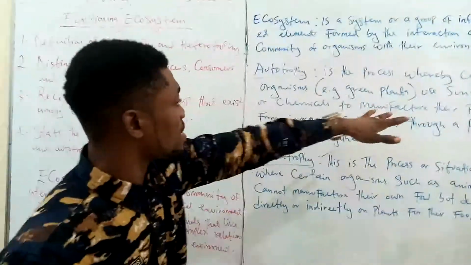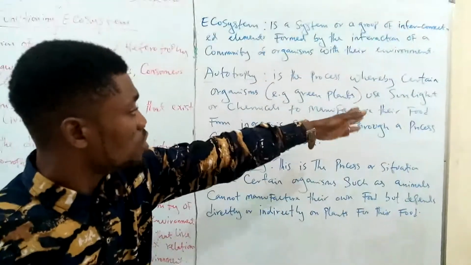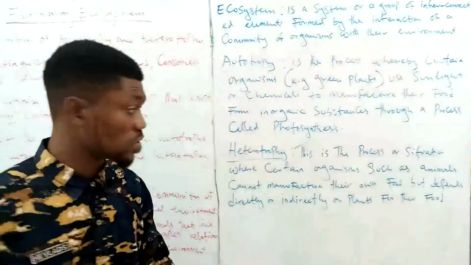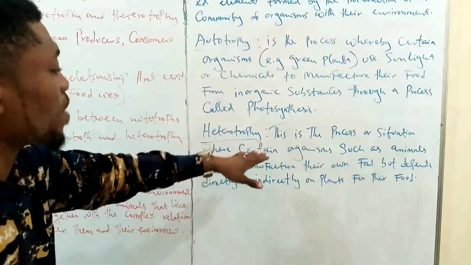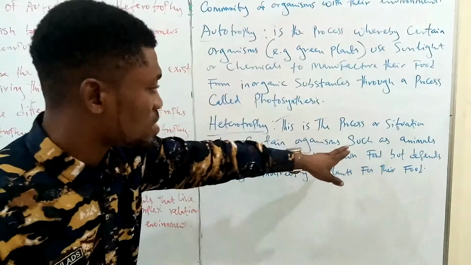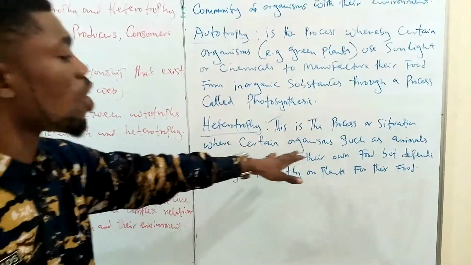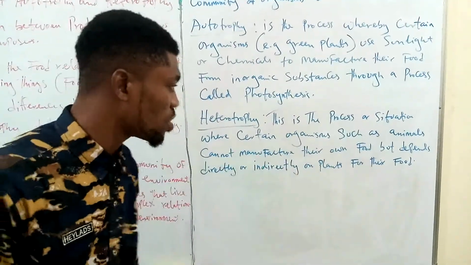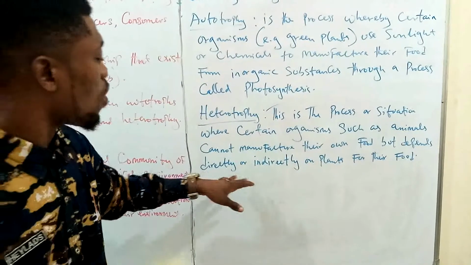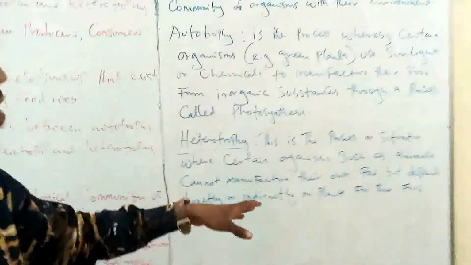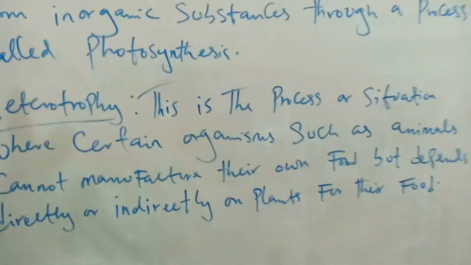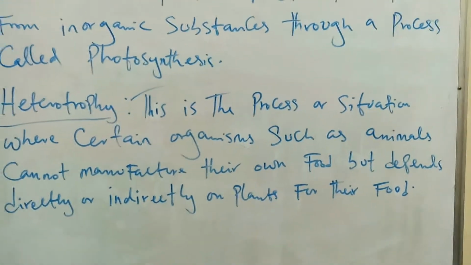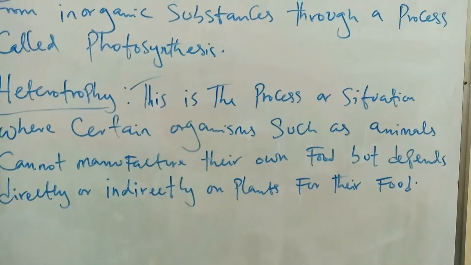And heterotrophy is the process or situation where certain organisms, such as animals, cannot manufacture their own food, but depend on other organisms, that is the autotrophic, directly or indirectly for the derivation of their nutrients.